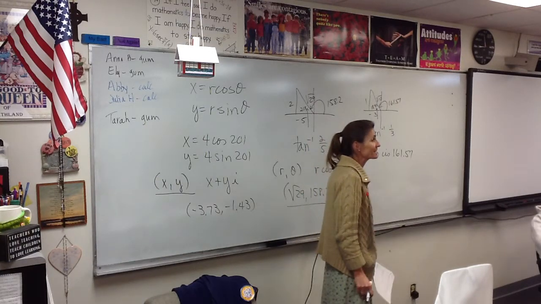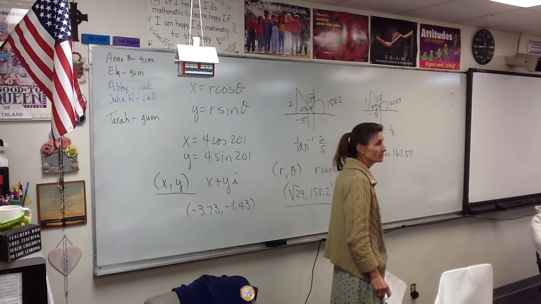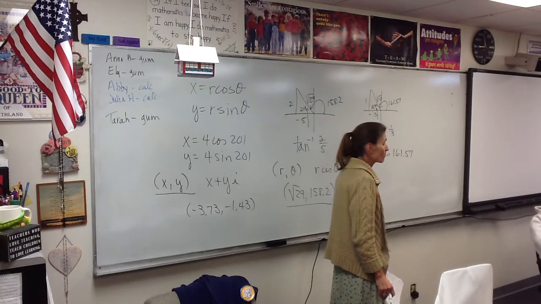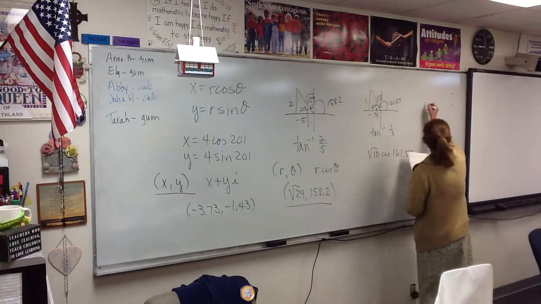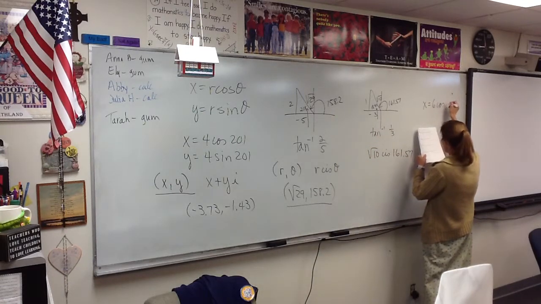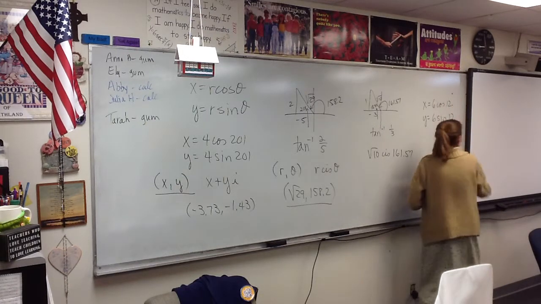Convert to rectangular. What does that mean I'm looking for? X and Y. How do I find X and Y? So X is going to equal 6 cosine 12, and Y is going to equal 6 sine 12.